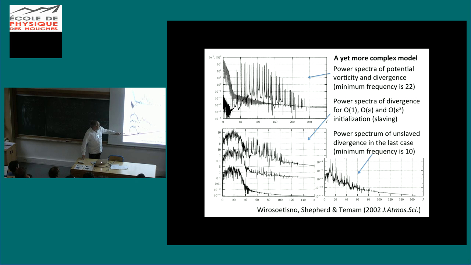This was a different setup. So the minimum frequency is 10. So you can see this is a scale of 10 to the minus 8 compared to 1 and so on here. So you're still able to pick out all these gravity wave peaks from the motion. So it shows that the separation of slow and fast dynamics is possible in these simple models.